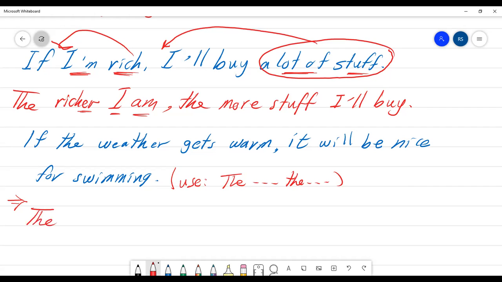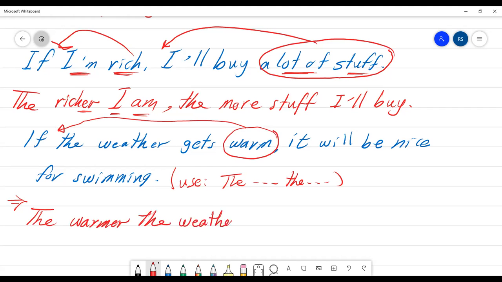Here the adjective is warm. So we use it before the weather in comparative form. The warmer the weather gets, not is, gets. We don't change. Okay?